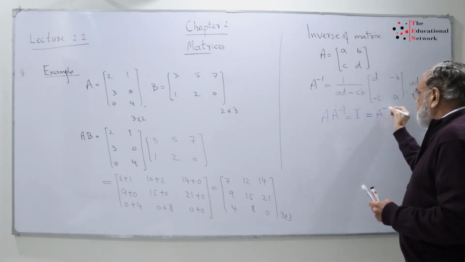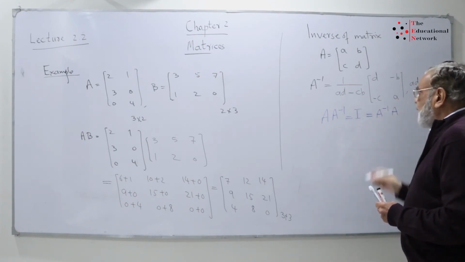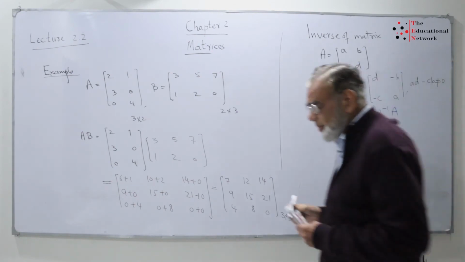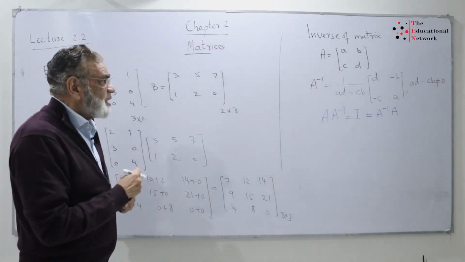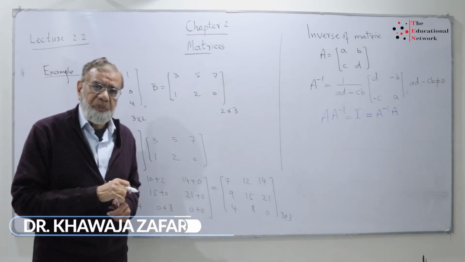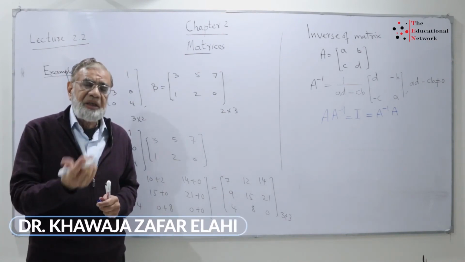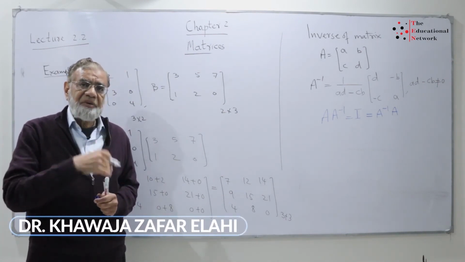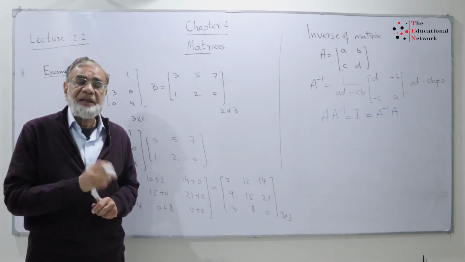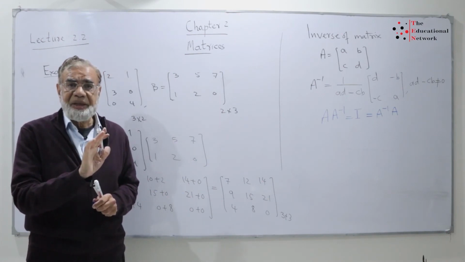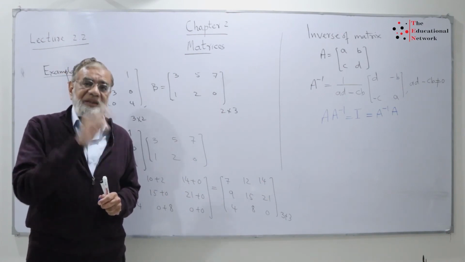For the inverse, we multiply from the left or we multiply from the right, we must get the identity matrix, because inverse has the property, for example the inverse of 5 is 1 upon 5, multiply, we get here 1. Similarly, we have matrix A, and we take the inverse of the matrix, we multiply it, we get here equal to the identity matrix, not 1, not the identity, it's not 1 upon A, very careful, it's a matrix.